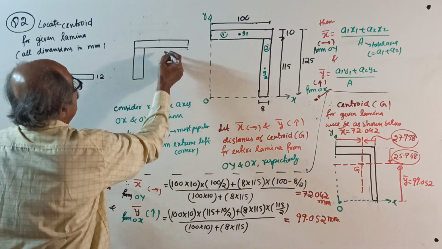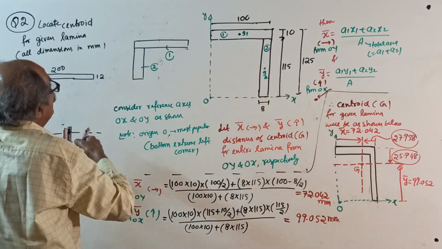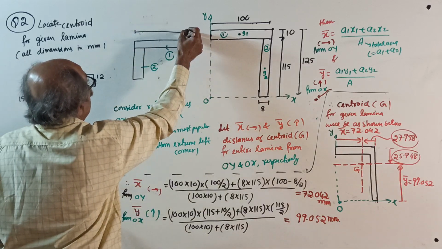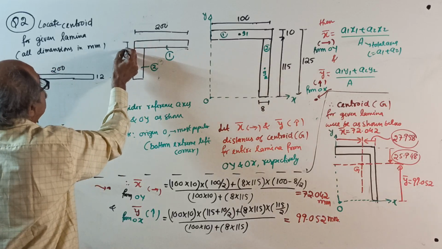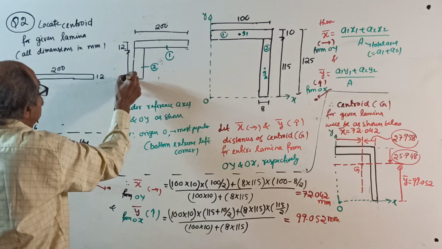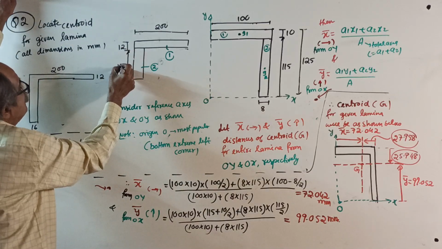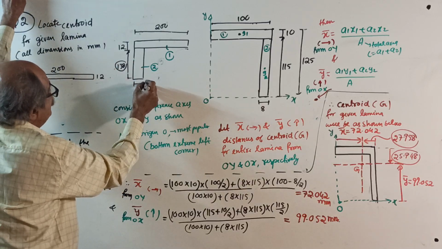This is part 2. This dimension is 200. This thickness is 12. This distance is from 150 subtract 12, you will get 138. This thickness is 16.